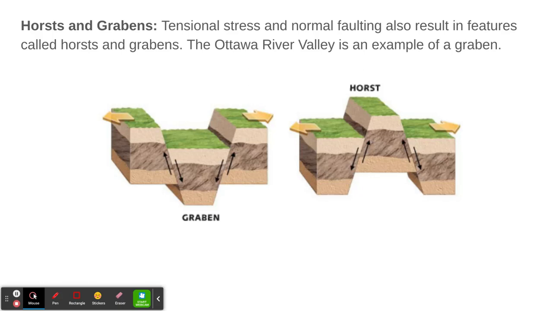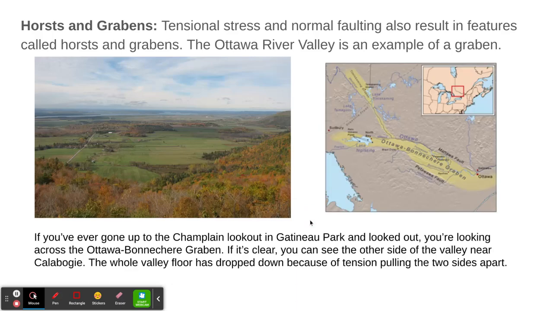So, tensional forces started pulling apart the two sides of the river valley, and the valley dropped below, creating this graben. A horst is the opposite process, where the sides are pulled out and the top is raised.